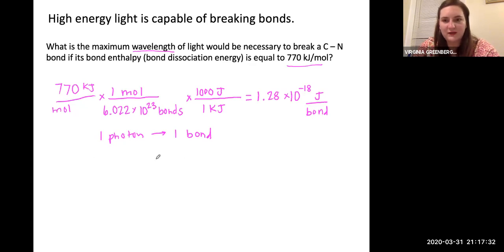So I can go ahead and use this value as my energy, E, and set up an E equals hc over lambda equation to relate energy and wavelength. So I'll have my energy, which will correspond to just the energy in one photon to break one bond.